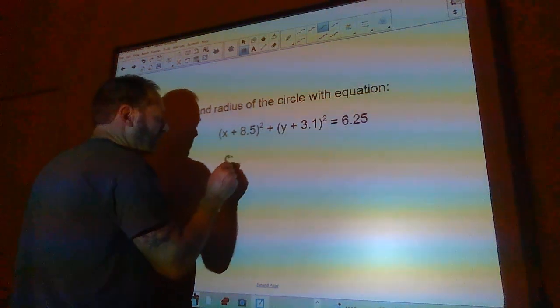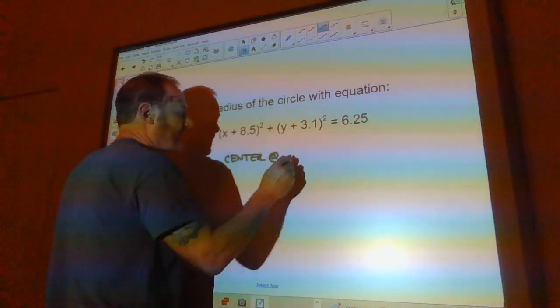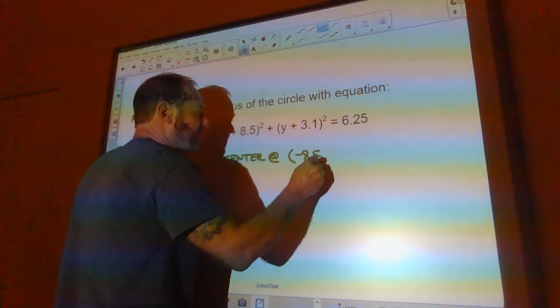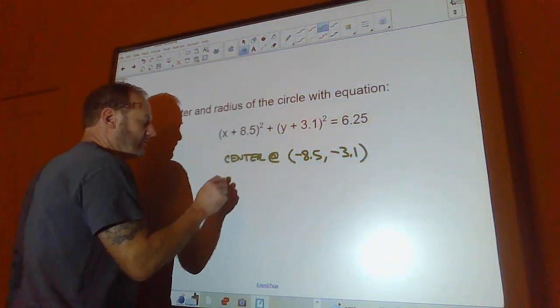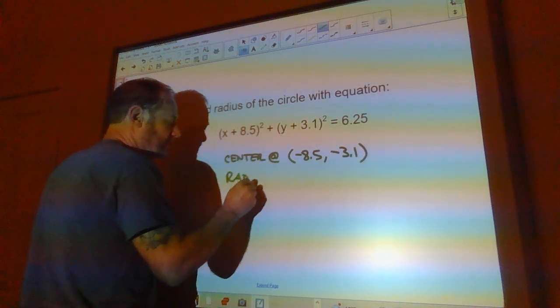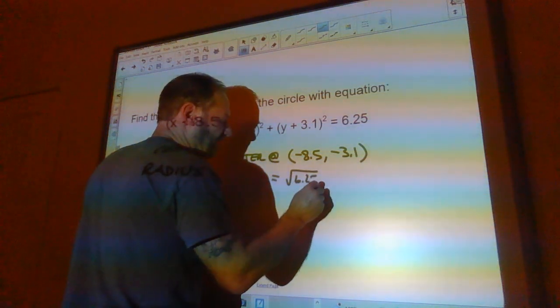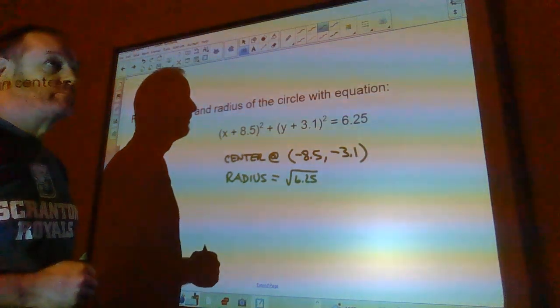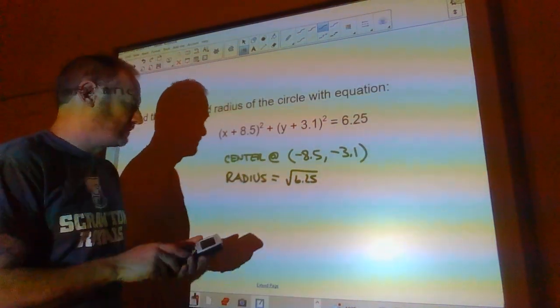Okay, this one will have a center at negative 8.5, negative 3.1, and it will have a radius equal to the square root of 6.25, which that's 2.25, I think.